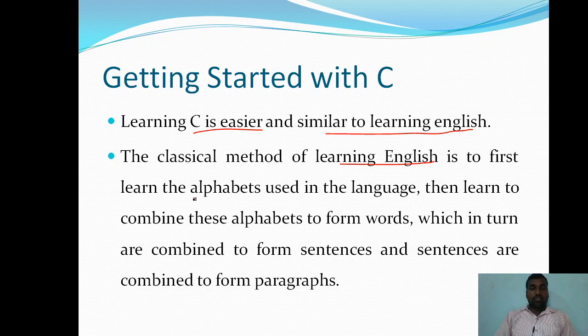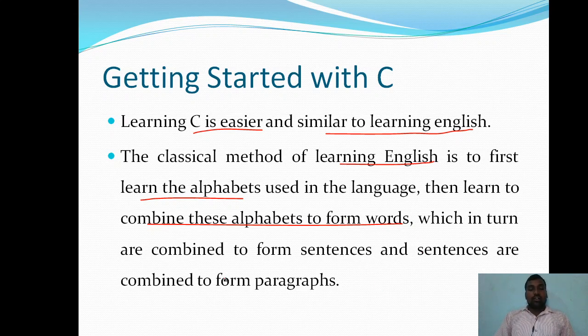First of all, we learn the alphabets used in the English language. Then we learn to combine these alphabets to form several words, right?